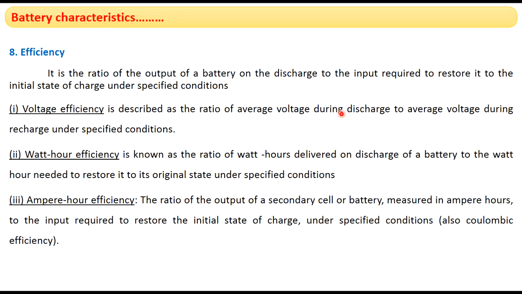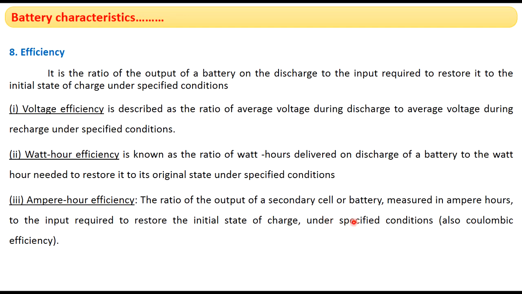Similarly, watt hour efficiency is the ratio of watt hours delivered on discharge of the battery by the number of watt hours required to restore the battery to its original state under given conditions. Okay, that is taken as the watt hour efficiency. And ampere hour efficiency is the ratio of output of a secondary battery measured in ampere hours to the input required to restore the battery to its initial state of charge under given conditions.